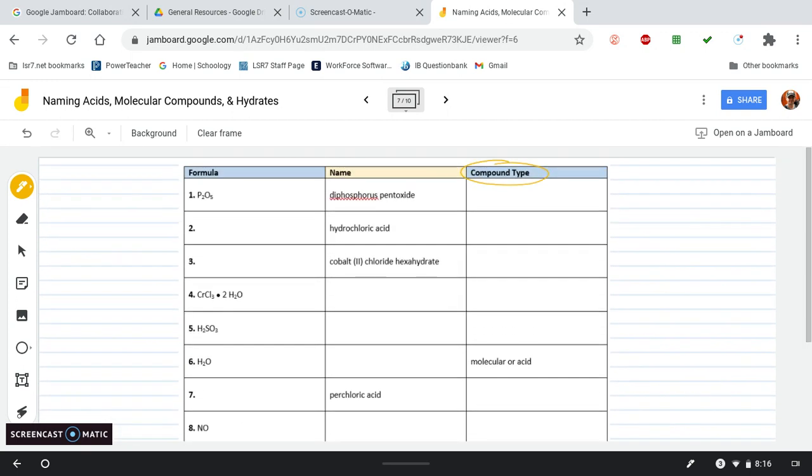If I look at this number 2, it says the word acid. So I would type an acid in there, and then I'd use my acid rules to figure out the formula. Okay. This says hydrate. Well, that's pretty easy. This has to be a hydrate. So now I use my hydrate rules over here. That's what I want you guys to do.